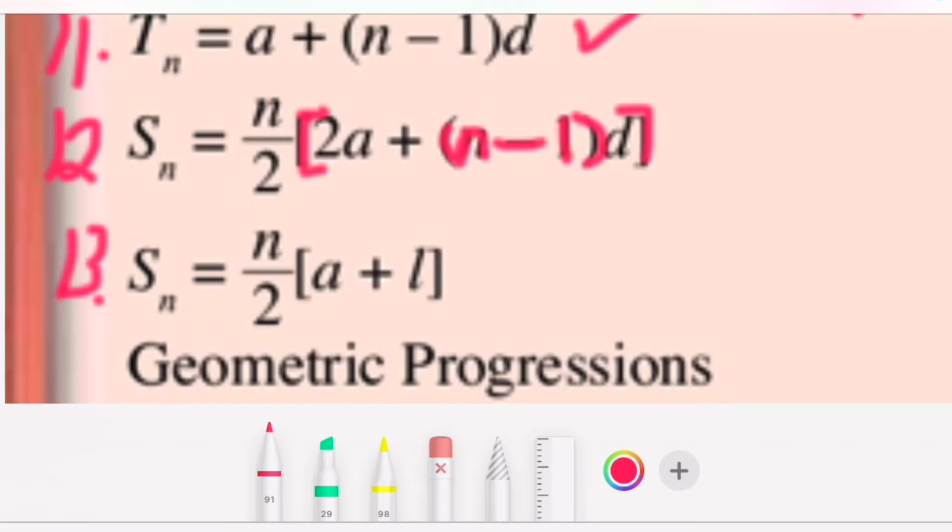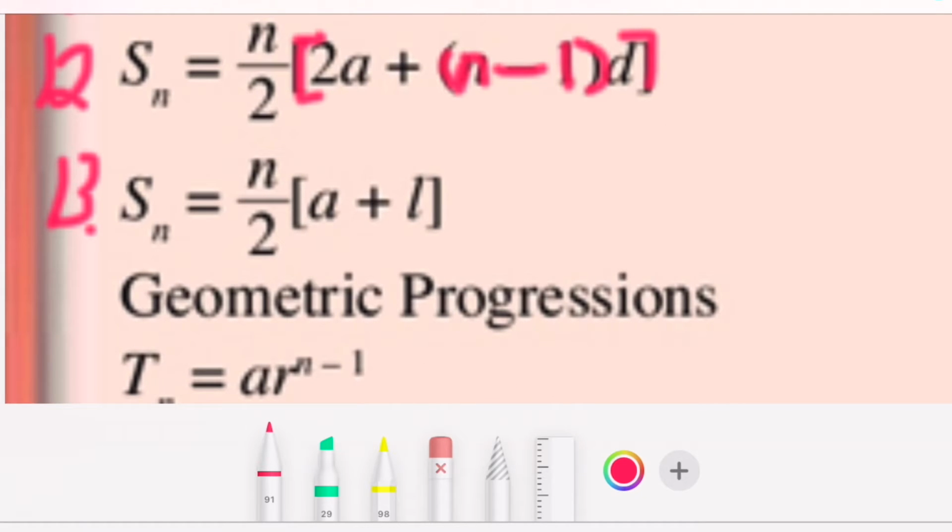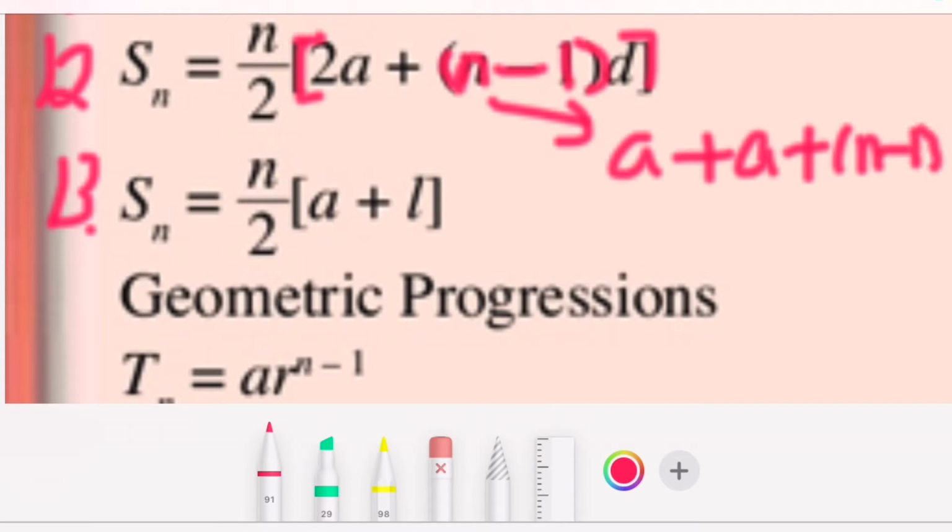Formula number 13 is actually from here. With 2a plus n minus 1 d, we can write as a plus l, where l is your last term or Tn. So Sn equals n over 2 bracket a plus l. When the first term and last term are given, we will use formula 13.